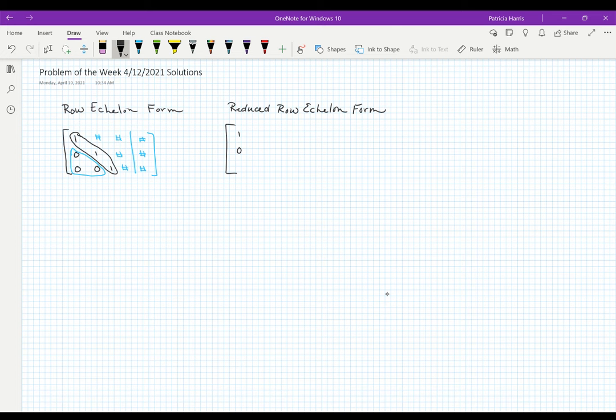But now you're looking for ones on that main diagonal. So ones on the main diagonal, and then two triangles of zeros. Okay?